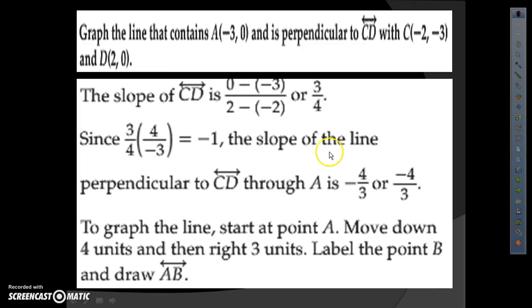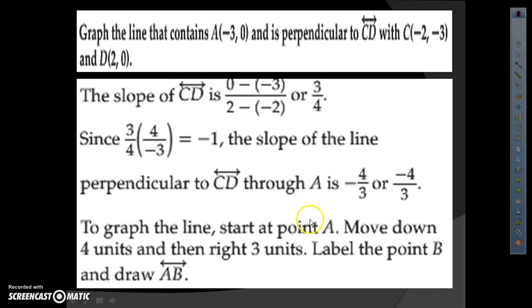The easy way to think about this is take the opposite reciprocal, flip it, and take the opposite sign. So the opposite reciprocal of positive 3/4 is -4/3, which you see right here. When I multiply them together, I get a product of -1. So since this is true, I know that the lines containing these slopes must be perpendicular.